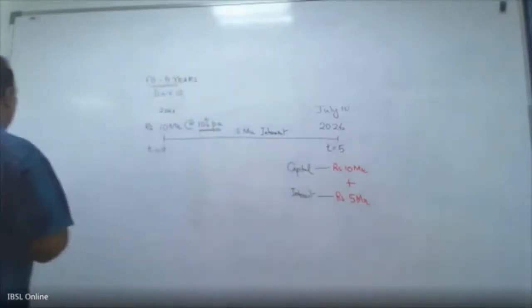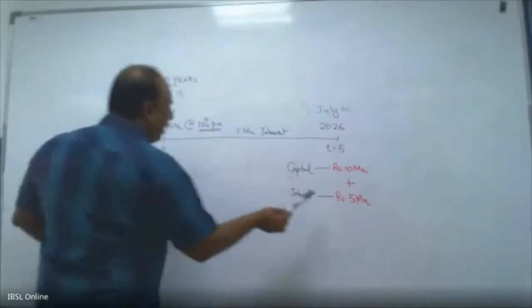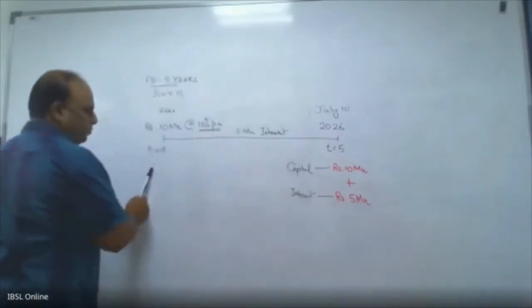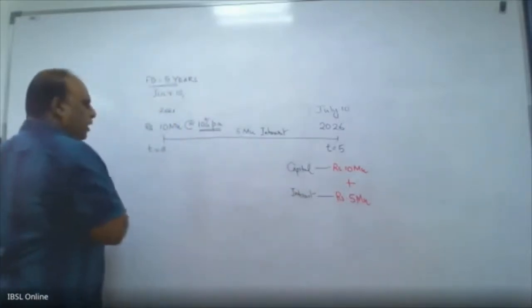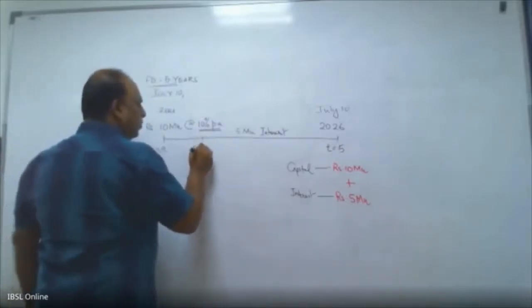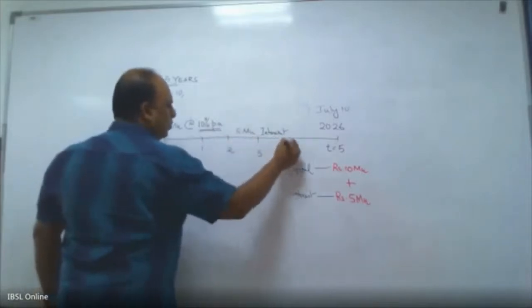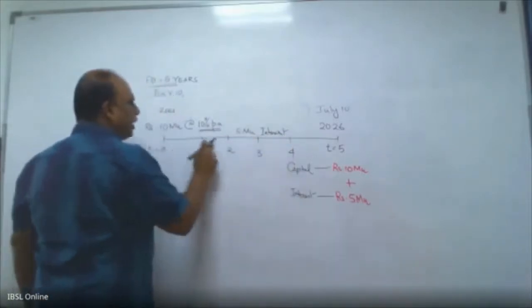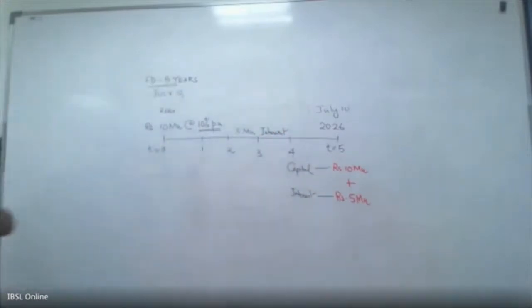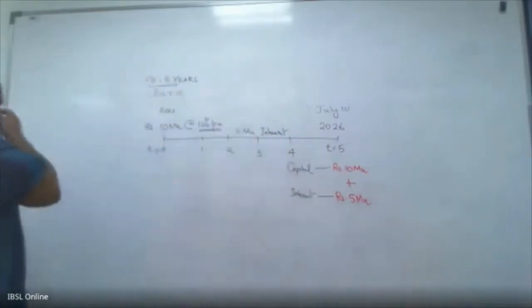So this is the amount that you need to pay after 5 years from now. During this time period, you will go through 5 time periods. You will complete 1 year, 2 years, 3 years, 4 years, and then 5 years.